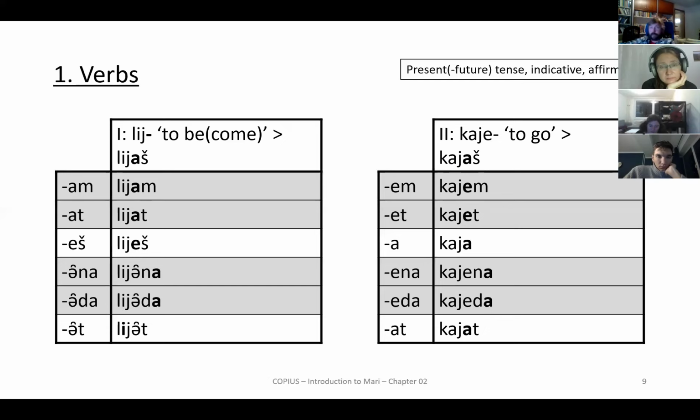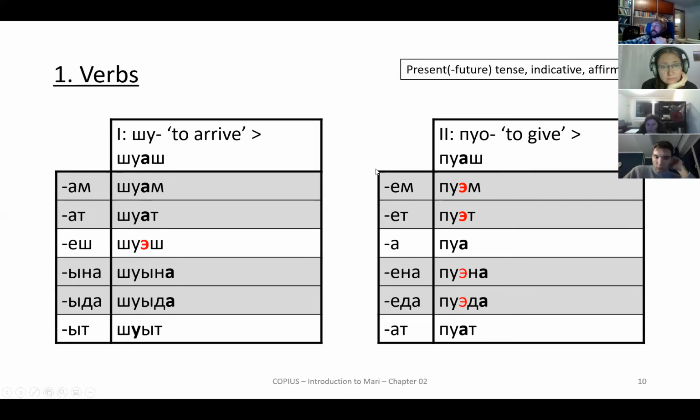So what's happening here is just that the orthography is a bit annoying. There's nothing irregular about the verbs. If they look irregular to you, you need to get used some more to the Mari orthography. Same if I look now at verbs like shu, to arrive, and puo, to give: shuam, shuat, shuesh, shuana, shueda, shuet.